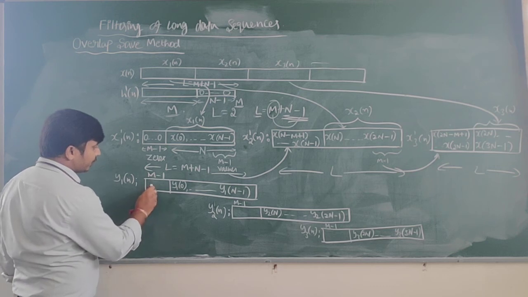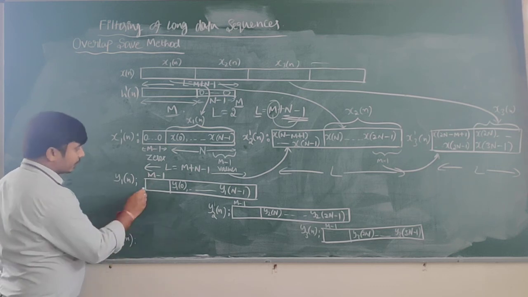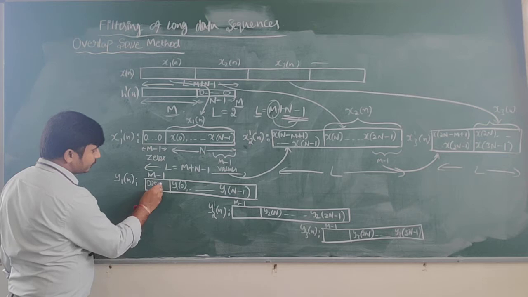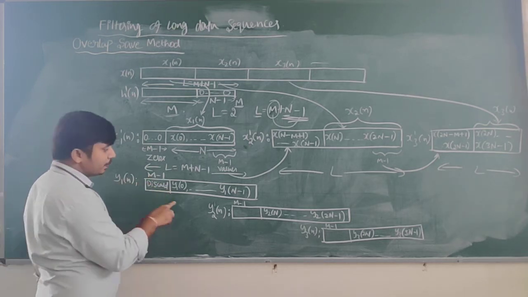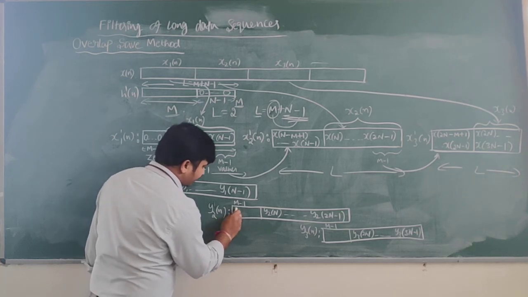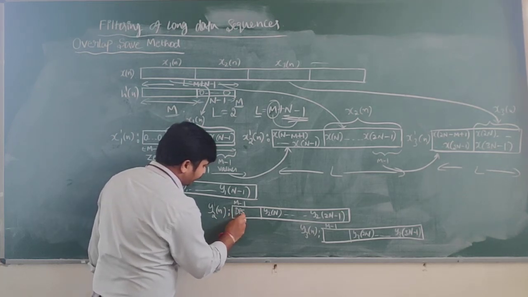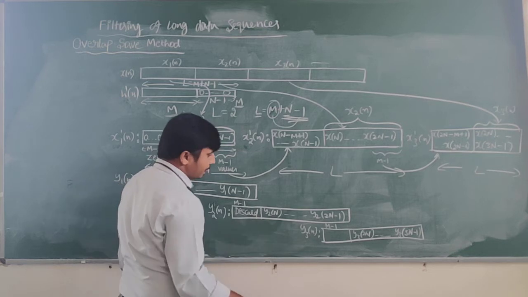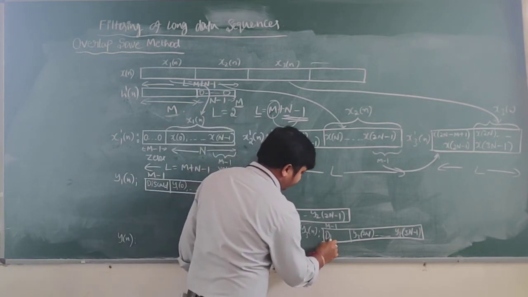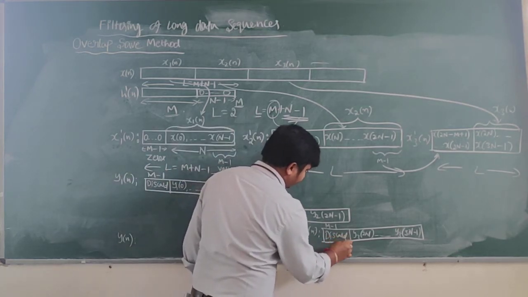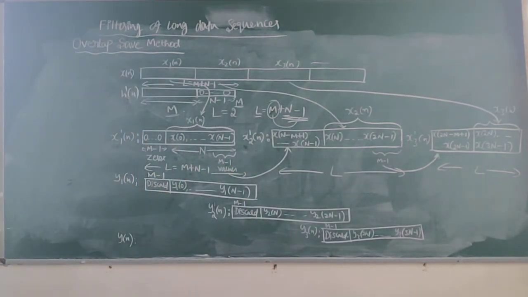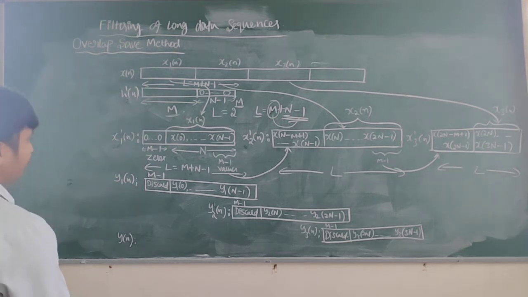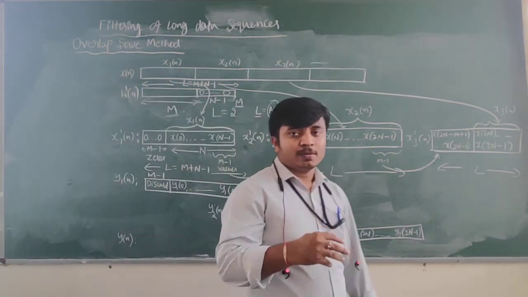So to find the output y of n, I need to discard the first m minus 1 entries of y1 of n, the first m minus 1 entries of y2 of n, and the first m minus 1 entries of y3 of n. So I have discarded the first m minus 1 entries of each output, that is y1 of n, y2 of n and y3 of n.